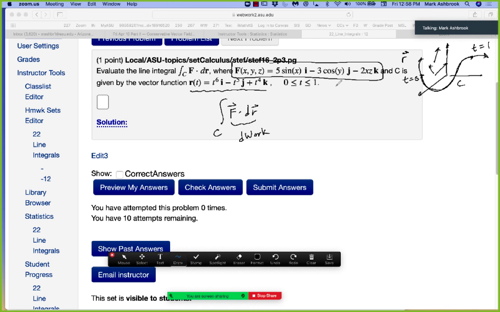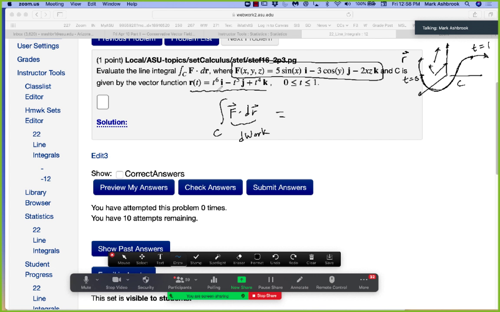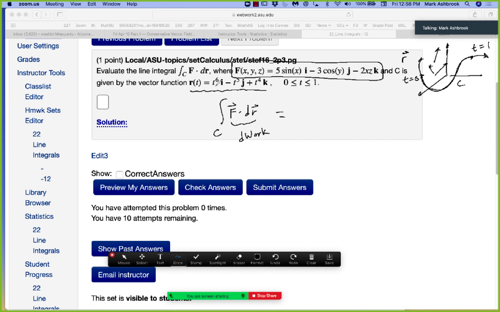Okay, so that's kind of what's going on when you're asked to solve this problem. That's the concept. And then there's the algebra side to it. So let's work on the algebra side. We're going to rewrite F in terms of x, y, z on the path, right? So here are our x, y, z points on the path.